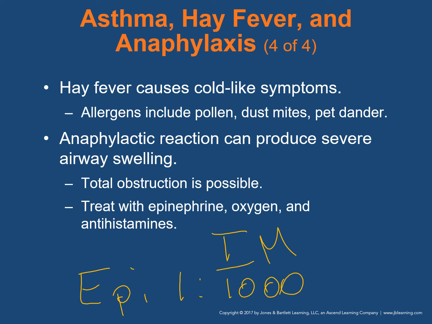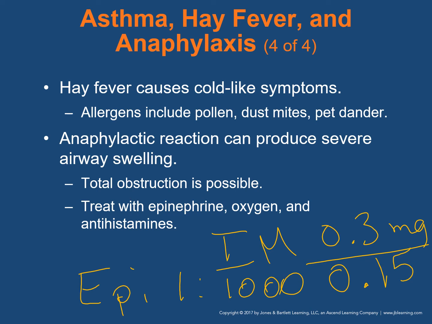And we usually give, for an adult, 0.3 milligrams. And then for kiddos, I think it's less than 60 pounds, they get 0.15 or half of that adult dose, milligrams. Okay, so again, we have more on that.